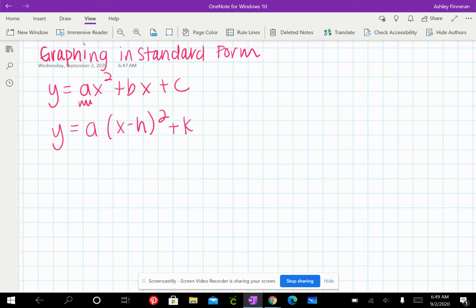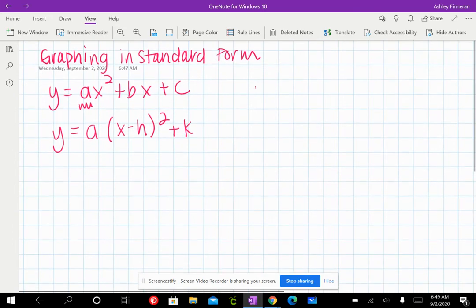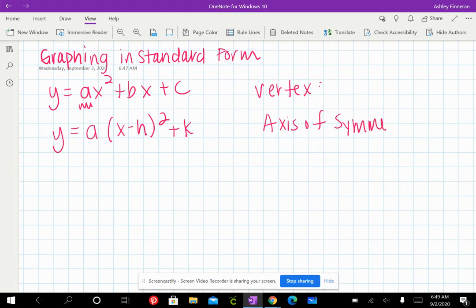In order to find our vertex in standard form, we use the axis of symmetry. So I'm going to leave vertex there. The axis of symmetry is the vertical line that passes through the vertex, essentially cutting the parabola in half.